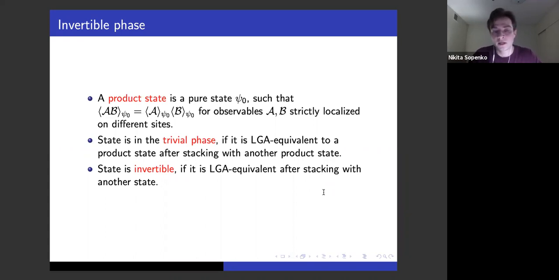And we say that a state is in a trivial phase on some algebra defined on a lattice if it can be stacked with another product state on some other algebra, such that the resulting state is LGA equivalent to some product state. So there is some LGA that transforms it, completely disentangles it.